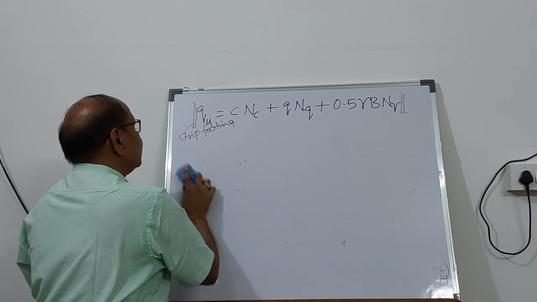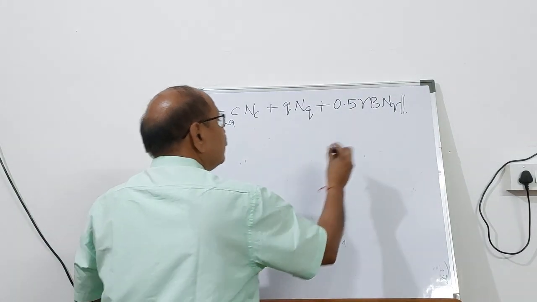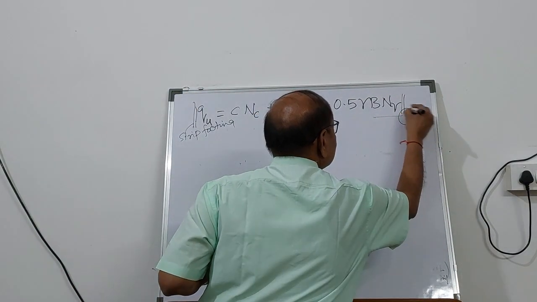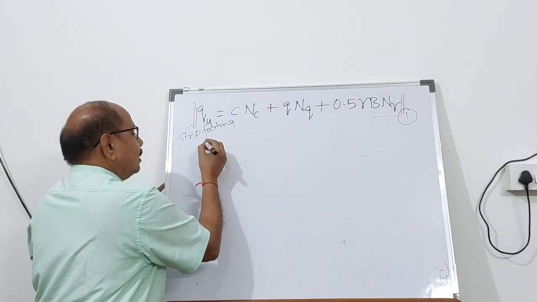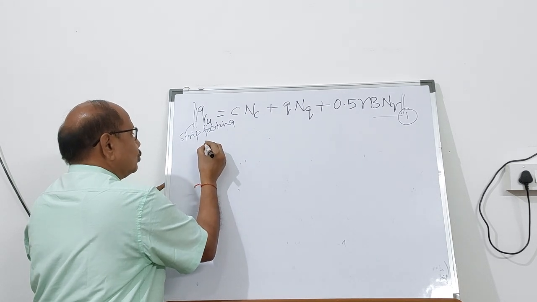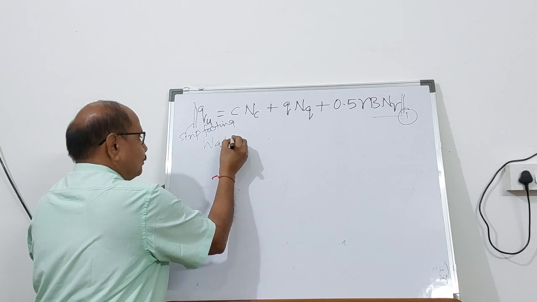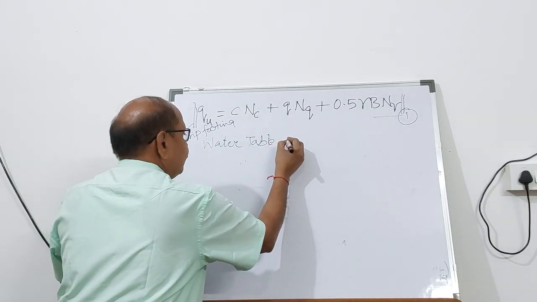So this equation 1 will be modified now. If I call this equation 1, for the water table effect you will have to modify it. So what is the water table effect?